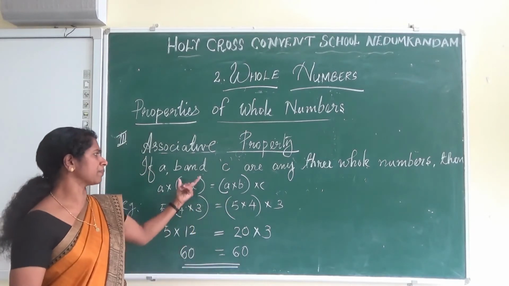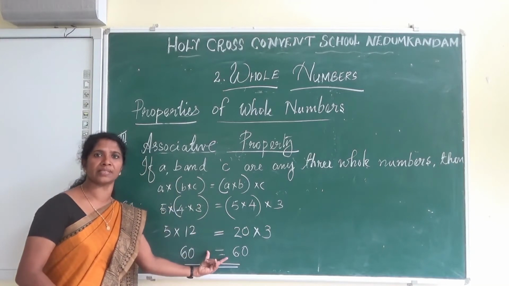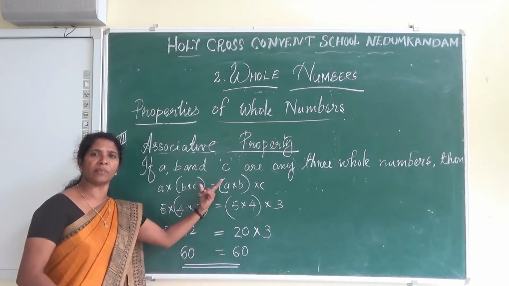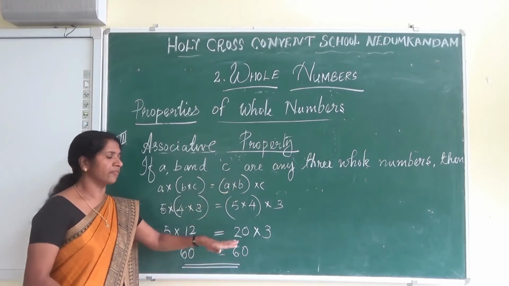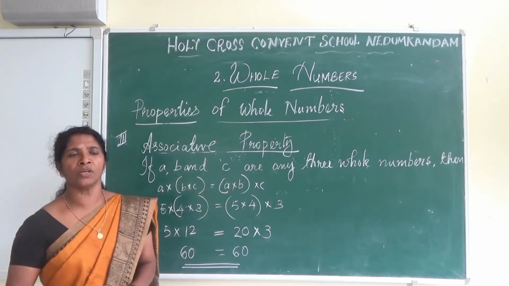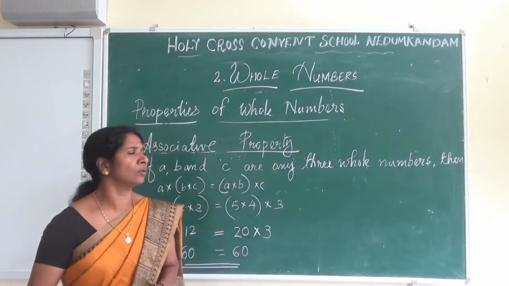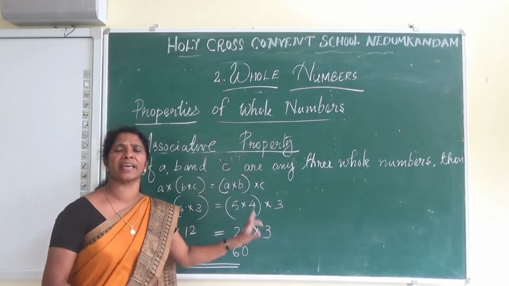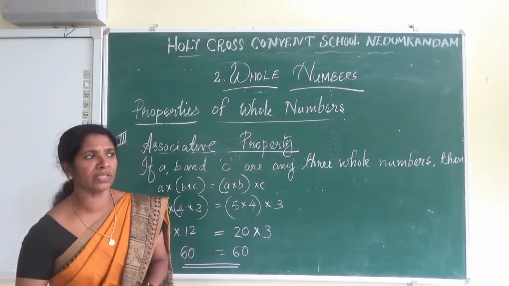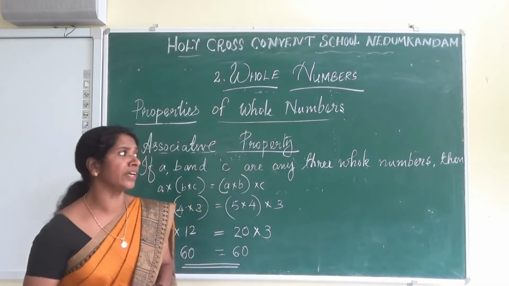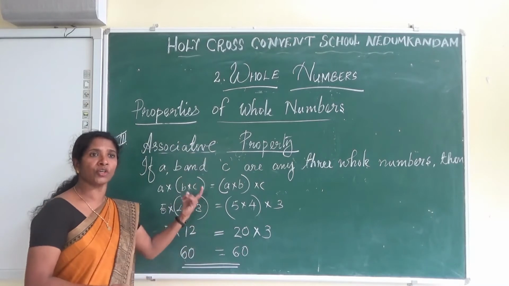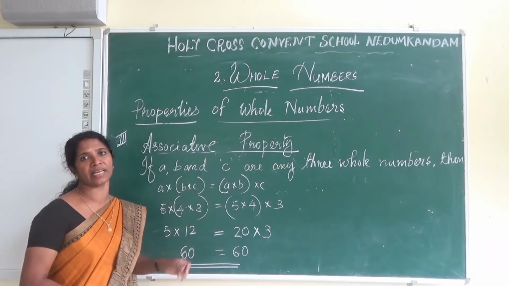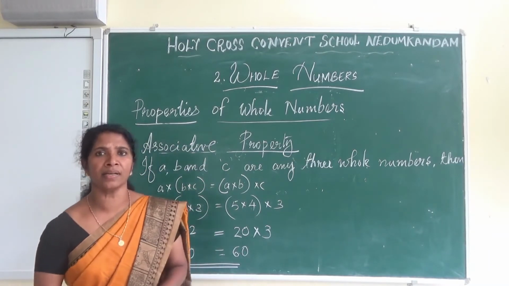If we multiply the numbers in any order, the answer will be the same. Here we proved that. So, whole numbers are associative under addition and multiplication. In the case of subtraction and division, we cannot group the numbers this way.